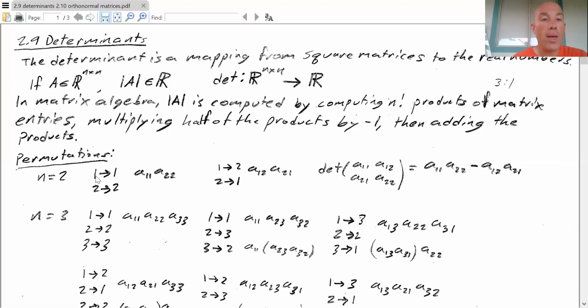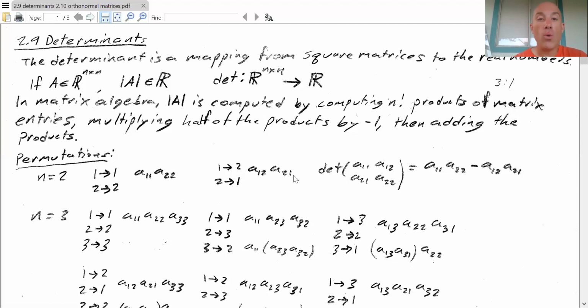In the first, 1 goes to 1, and you see I have A11. 2 goes to 2, I have A22. 1 goes to 2, you see I have A12. 2 goes to 1, I have A21. So the determinant for a 2 by 2 matrix is going to involve this product and this product in it.